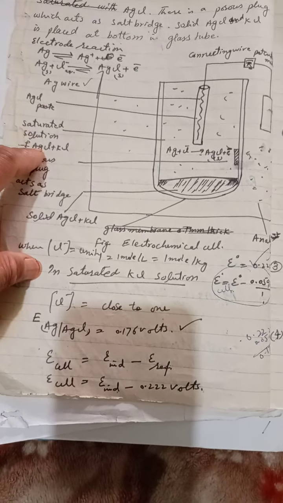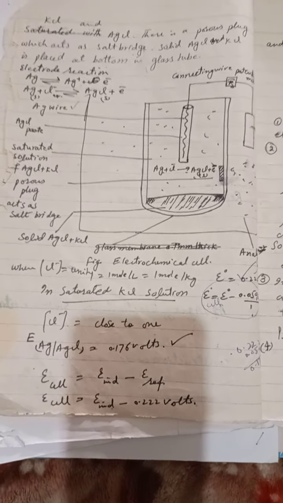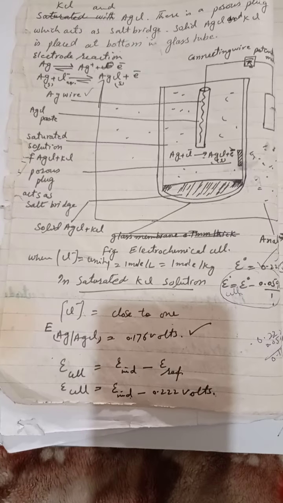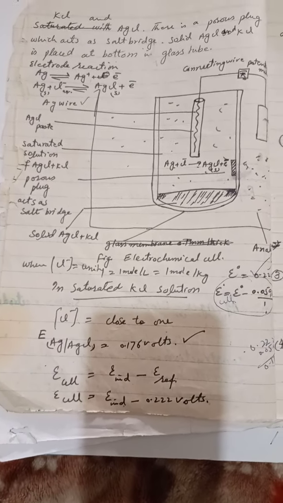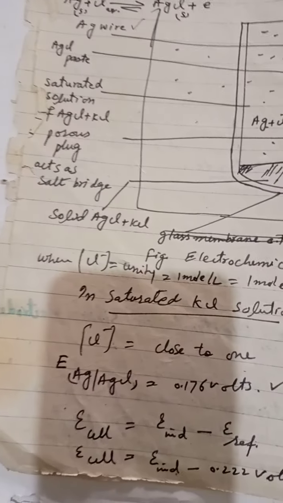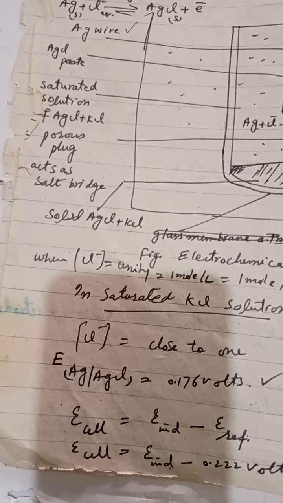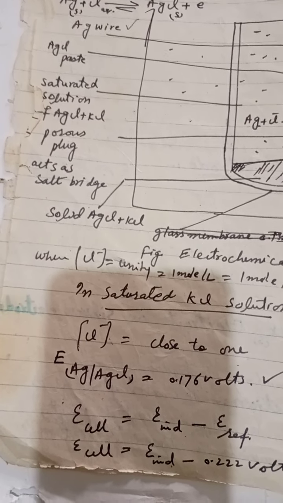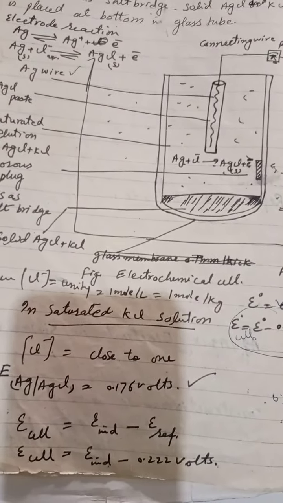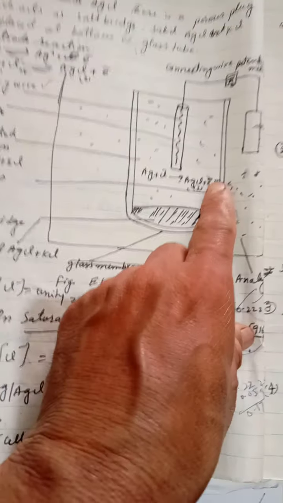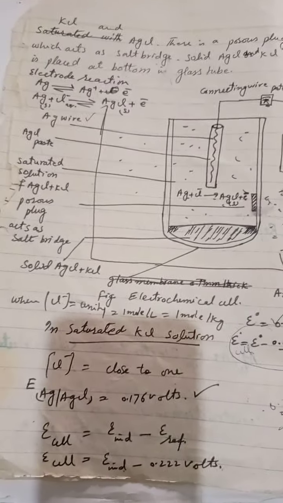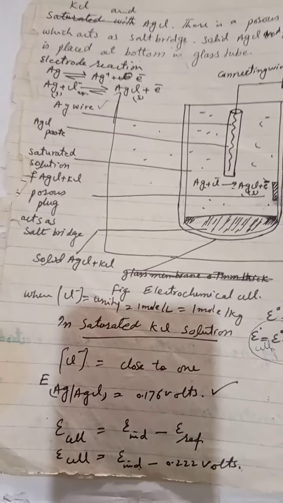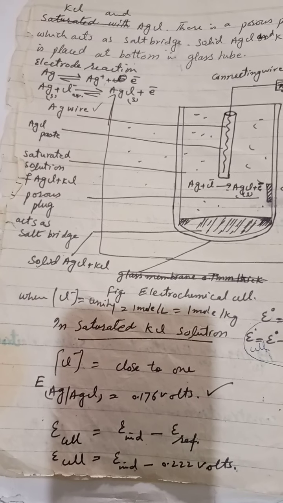It is dipped in the AgCl solution, a saturated solution of AgCl plus KCl. This is the porous plug. It maintains the equilibrium. The porous plug, or salt bridge, allows the ions to pass through.